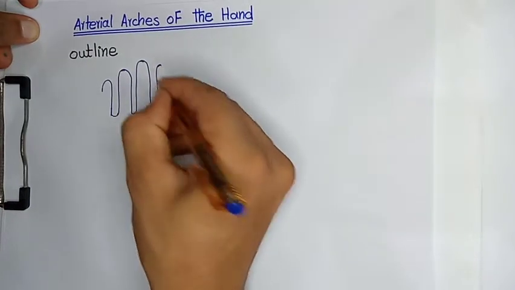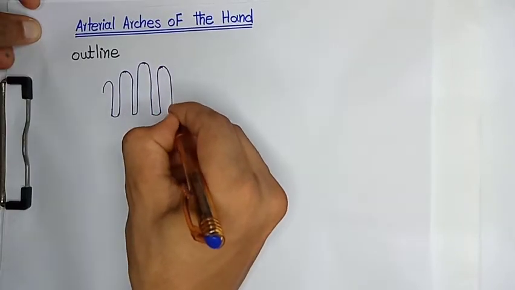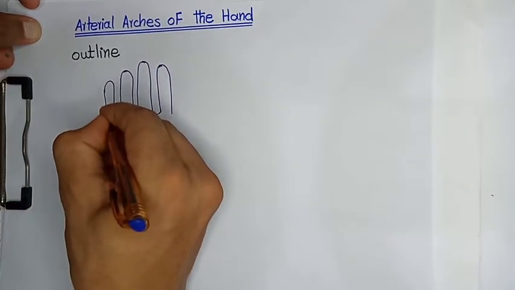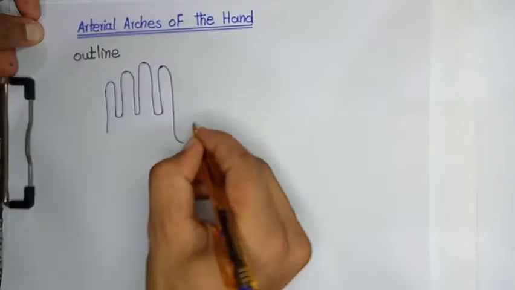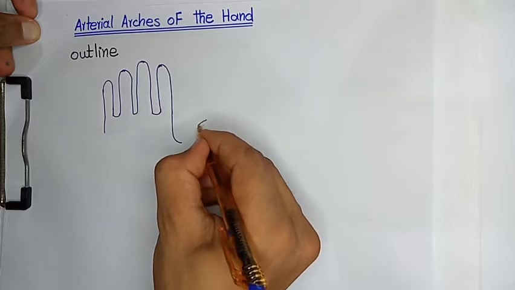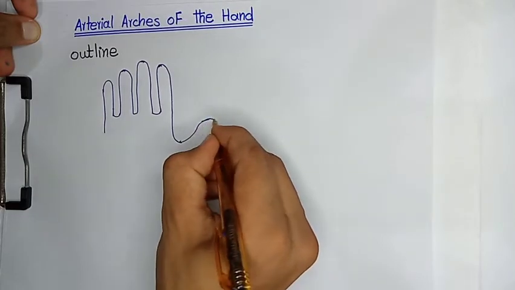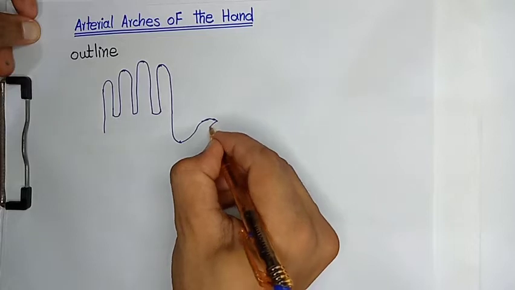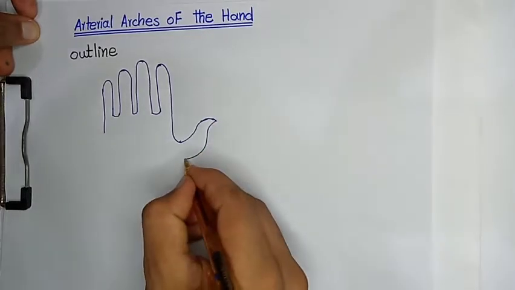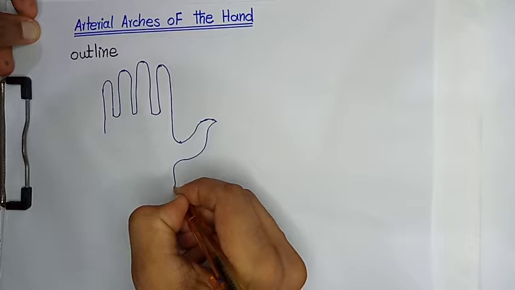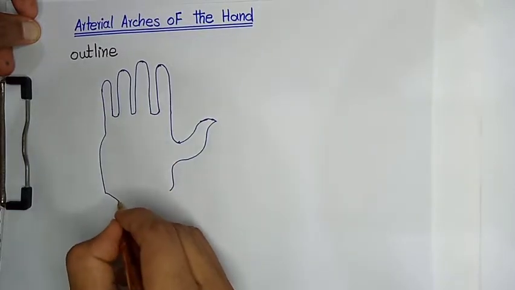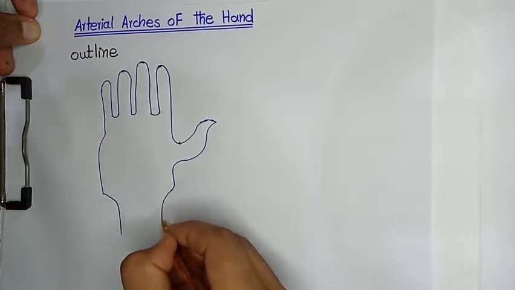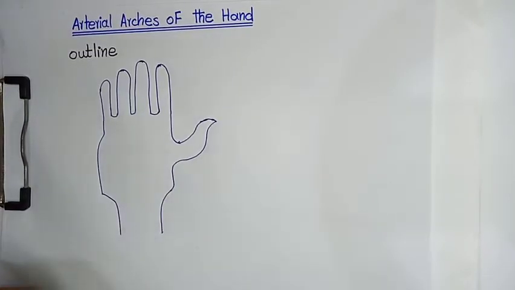First, the outline of the hand must be neat and clean. And the arteries inside the boundary of this outline may change with the exact diagram, and this is how we can draw the arterial arches to represent inside this outline.